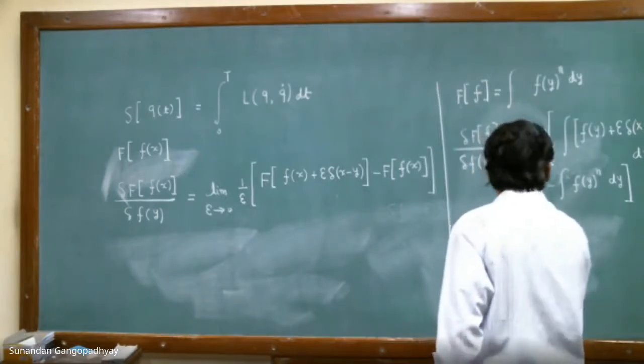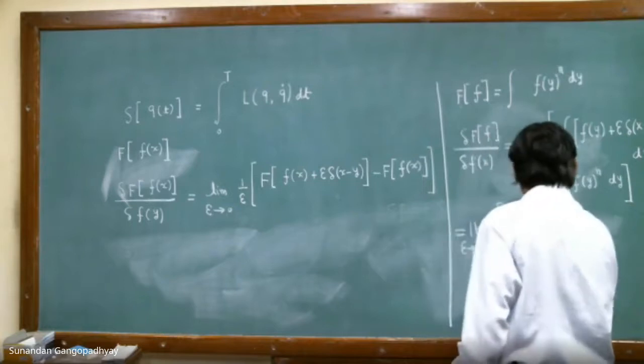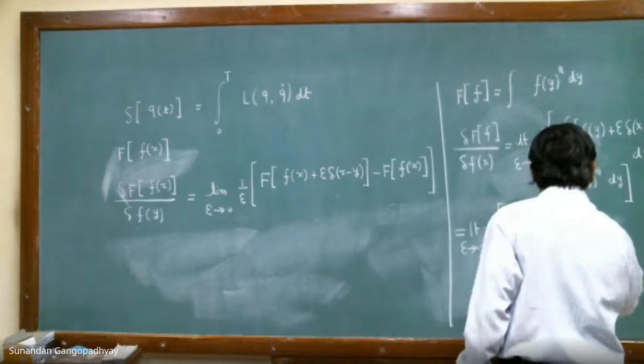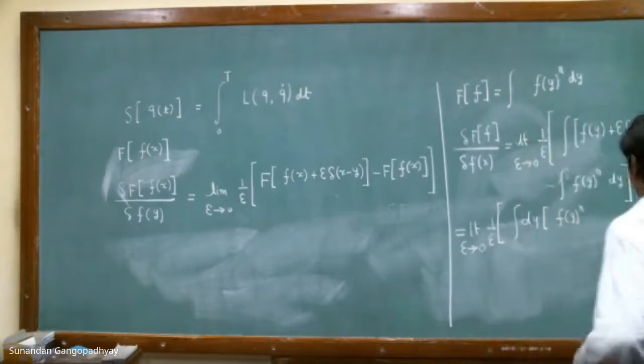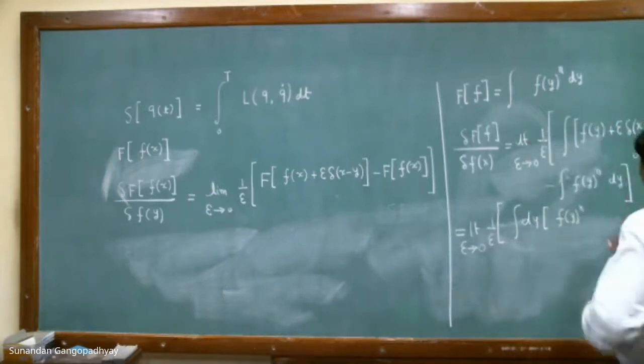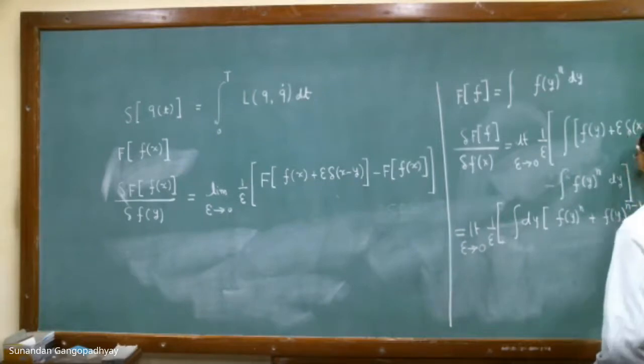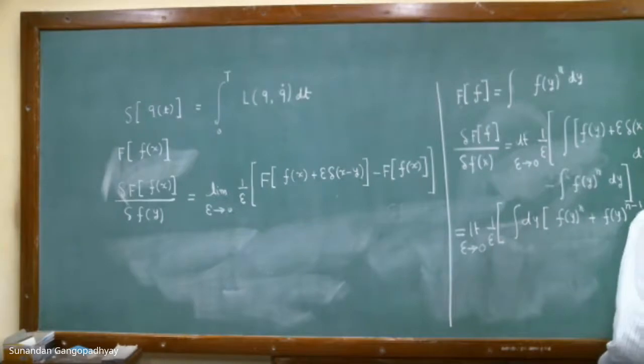If you do that, what we will get is the following. The first term is obviously f(y) to the power of n. The second term is plus n f(y) to the power of n minus 1 into epsilon delta x minus y.